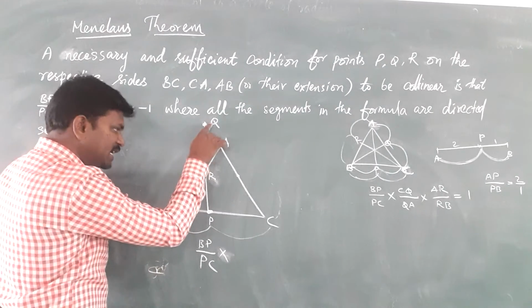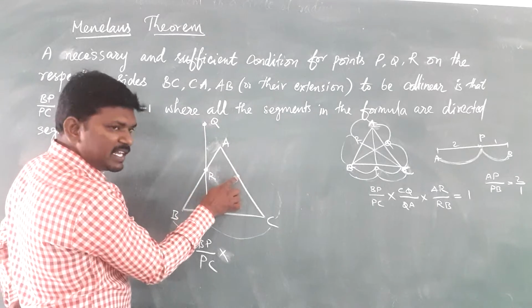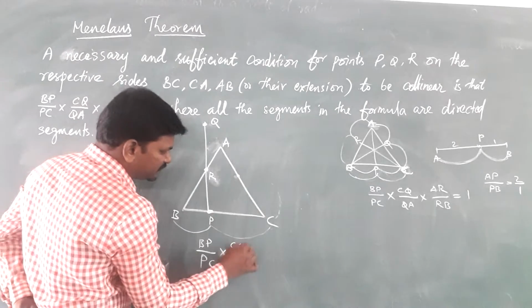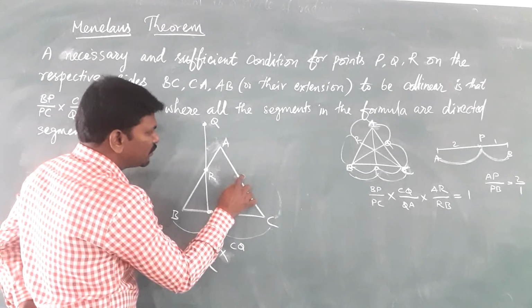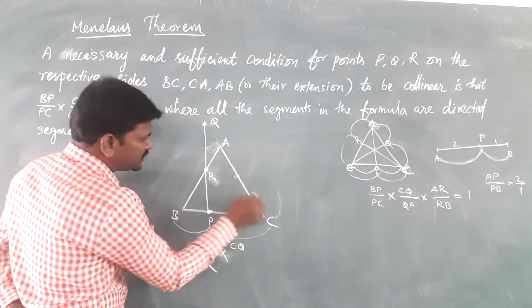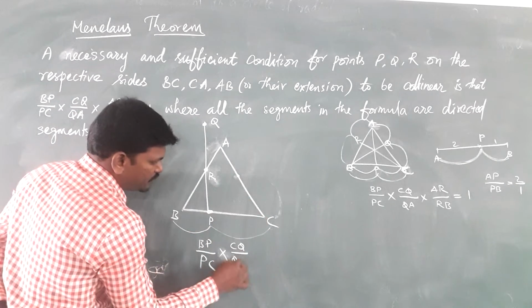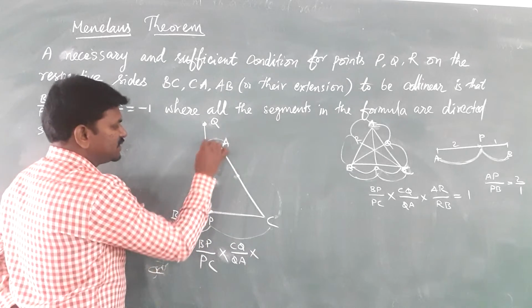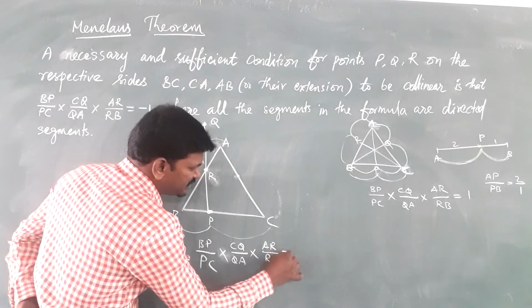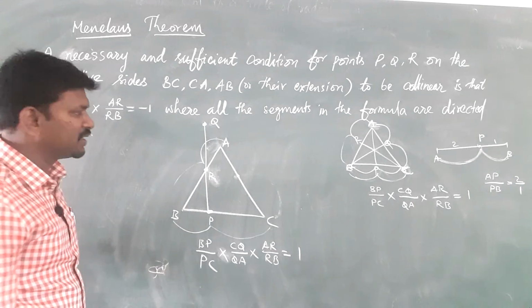Suppose Q is here, if it is here and not elsewhere, then using the concurrency theorem, Ceva's theorem, CQ by QA into AR by RB is equal to 1.